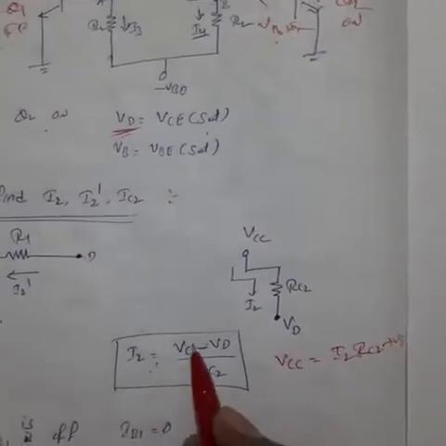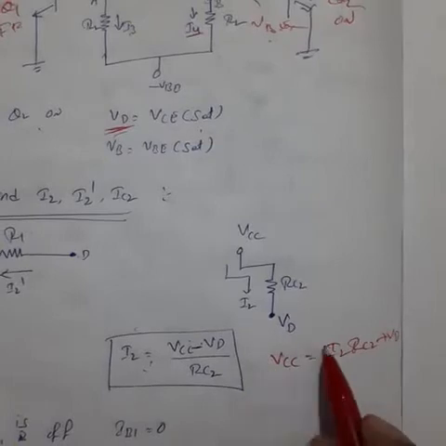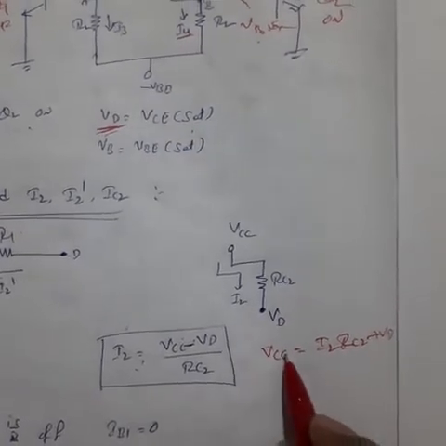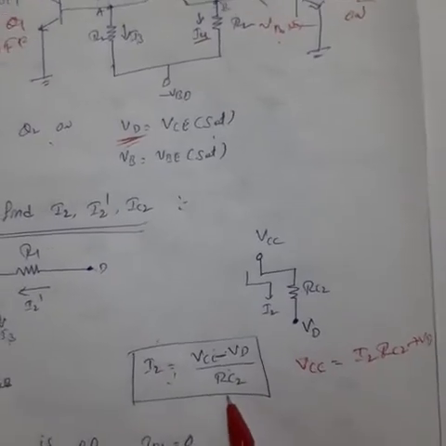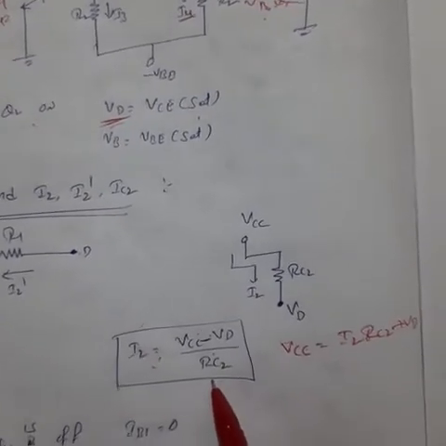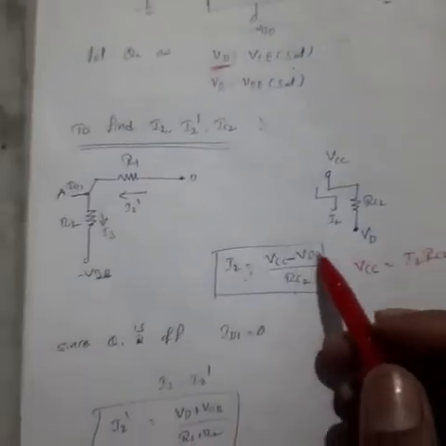From this equation, I2 equals VCC minus VD by RC2. This is the I2 value.